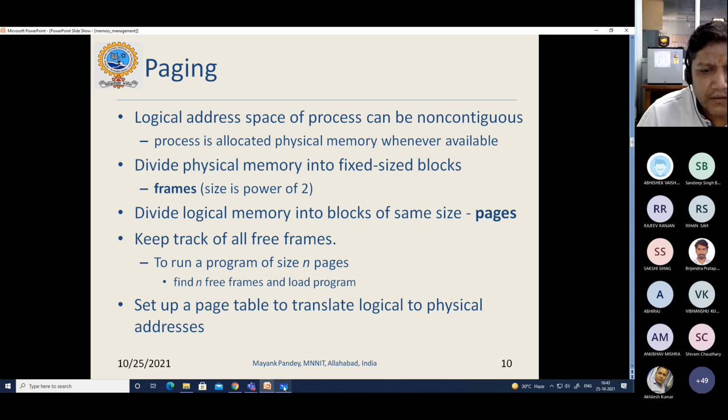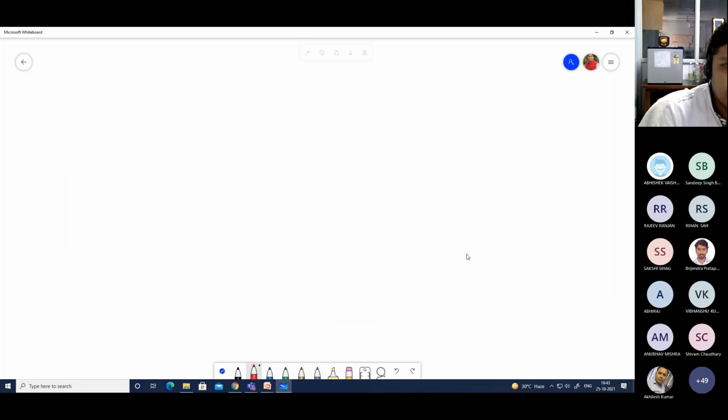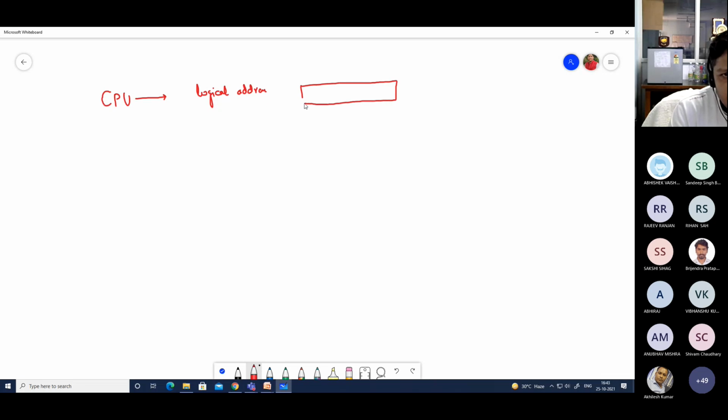So what is going to happen is like this. The CPU will generate a logical address of, say, n bits.